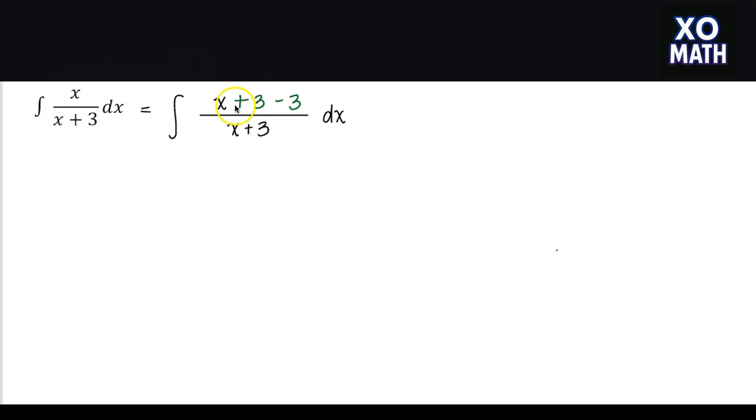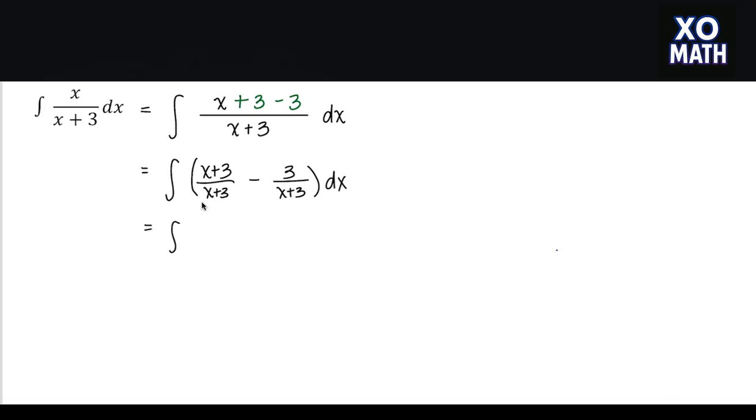So we're actually going to split it up. And that's not very obvious because we're used to splitting things up when there's one term on the bottom and a binomial on the top. But what I can do is take x plus 3 over x plus 3 minus 3 over x plus 3. So it's going to look like x plus 3 over x plus 3, the same quantity over the same quantity, minus 3 over x plus 3 dx.